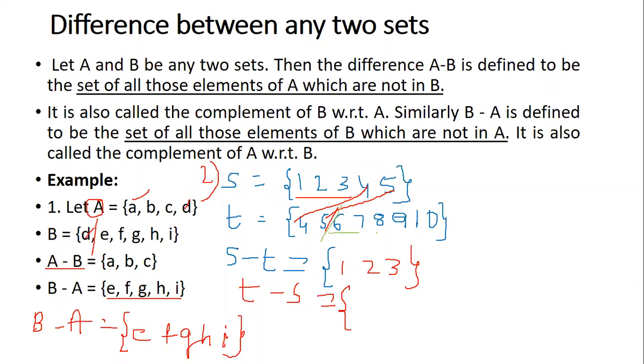After 4 and 5, what are the rest of the numbers? 6, 7, 8, 9 and 10. So T minus S is 6, 7, 8, 9, 10. Okay. So everybody understood B minus A? Be careful in solving such problems.